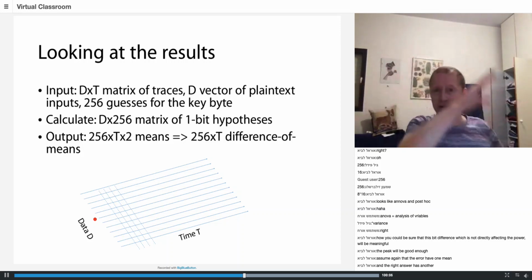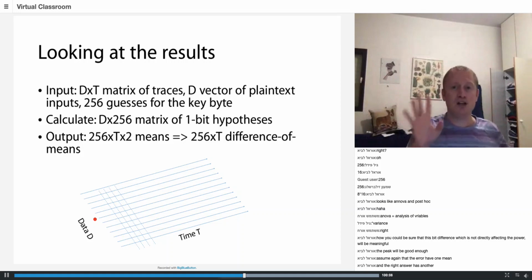I have two bins, right? I have 256 possible ways of splitting into bins because I'm trying to guess one key byte at a time.